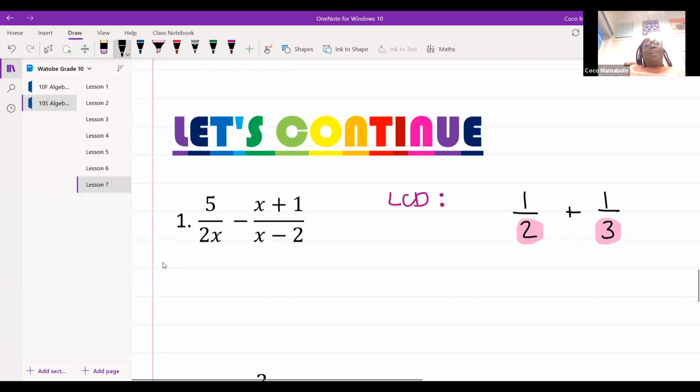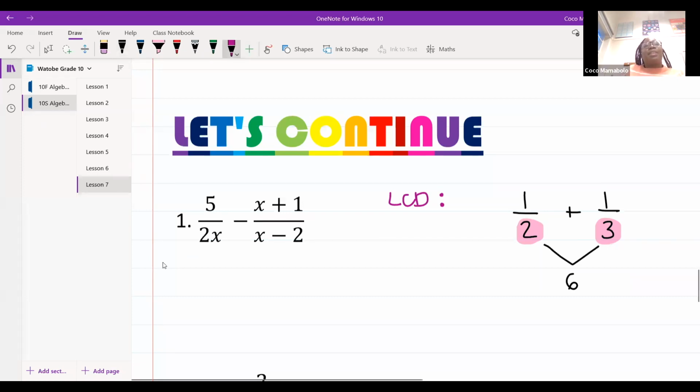So how did we find the LCD here? Well, how did we find the LCD for these two numbers? What did we do, guys? That's it, Inganati. We multiplied this one and that one, and we got 6. That was our LCD.